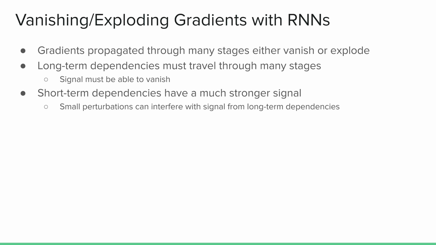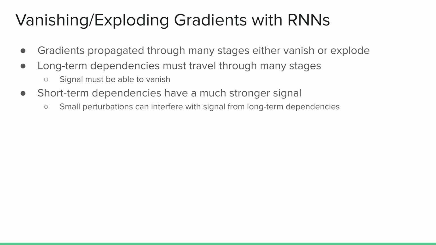So when we have these gradients that are propagated through many stages, we really want them to proliferate all the way down. And we have an issue here, because on the one hand, we want information to go all the way through because we want to preserve long-term dependencies. When you think about translating a sentence, we really need to have the information. The verb, for example, in the German language is often split and it appears at the second position and at the end of a sentence.